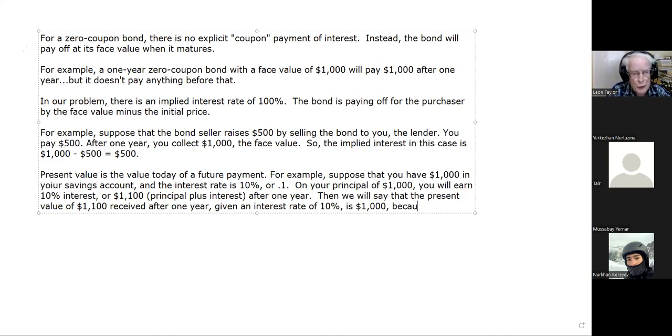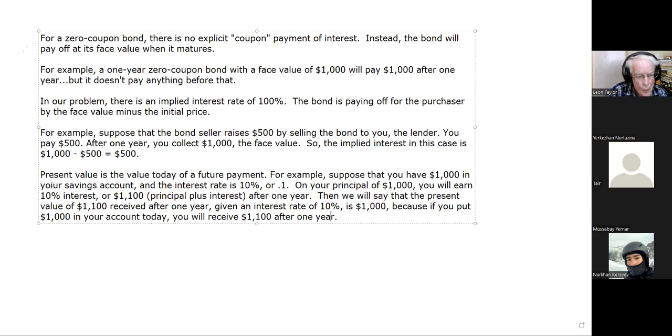Because if you put $1,000 in your account today, you will receive $1,100 after 1 year. Okay, that's the definition of present value.